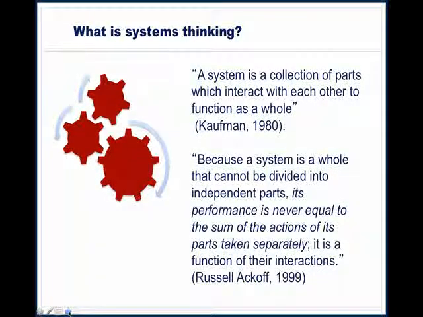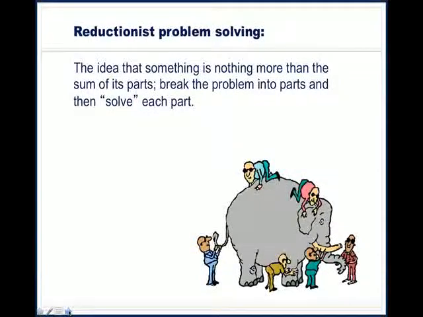Okay, so does that mean that some parts of the system, as you're describing it, are in the control of a manager, but many parts are not? Absolutely. Yeah, and let me switch to another slide here. Most people know the story about the blind men and the elephant, the six blind men that encounter an elephant, and each describes the elephant from the part that he happens to be touching.